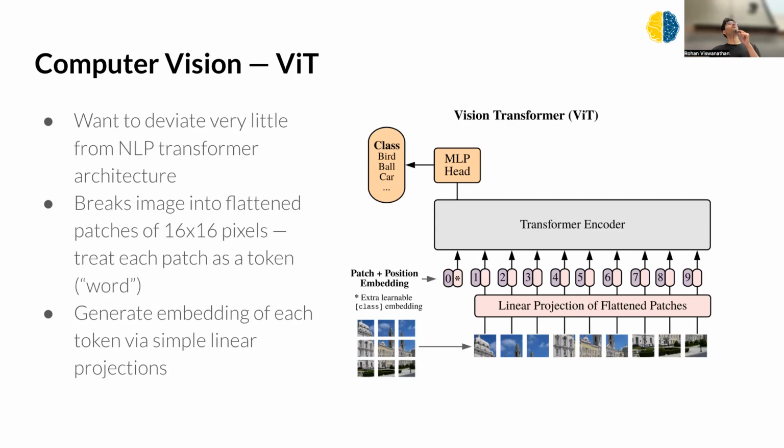Ultimately, the takeaway from transformers is that it doesn't care about what the token is. So by generalizing what this token represents, we're able to use the same architecture for multiple tasks. The transformer encoder is then passed into an MLP head for a final classification across various classes.